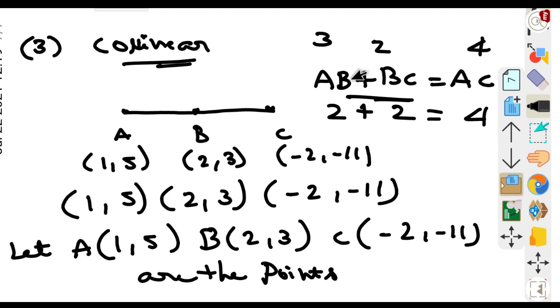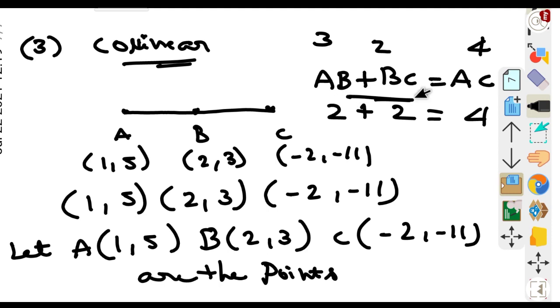Now add the answers for AB and BC. If the sum is the same as the answer of AC, then we can say directly these three coordinate points are collinear points. If the answer is different, we can say that the 3 points are not collinear points.